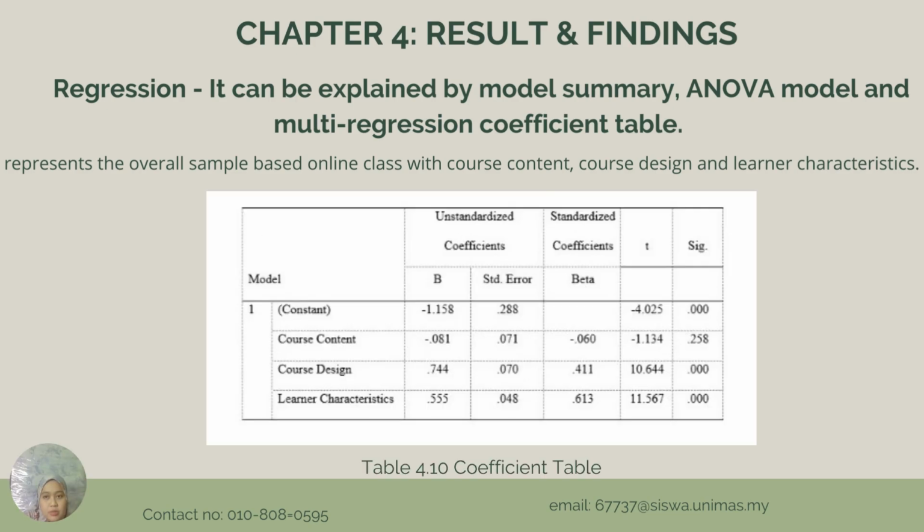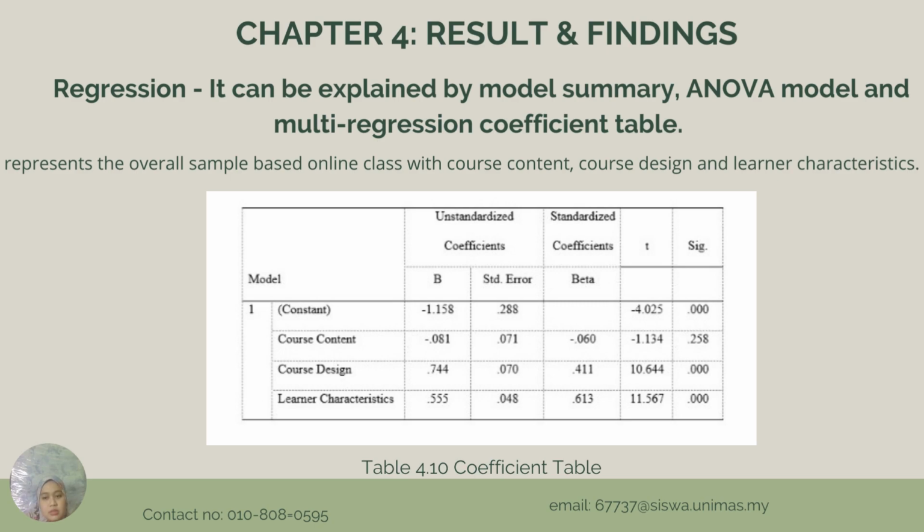Table 4.10 shows the result of coefficient for online class and course content, course design, and learner characteristics. The significant values according to Table 4.10 are 0.258, 0.0, and 0.0.